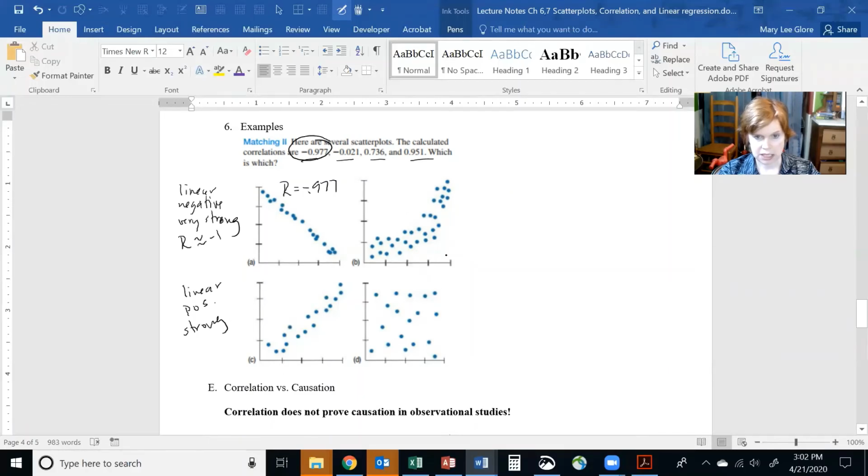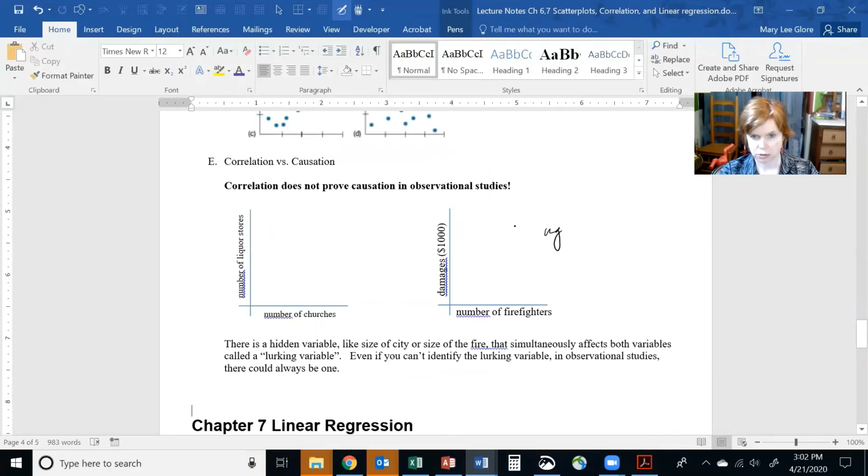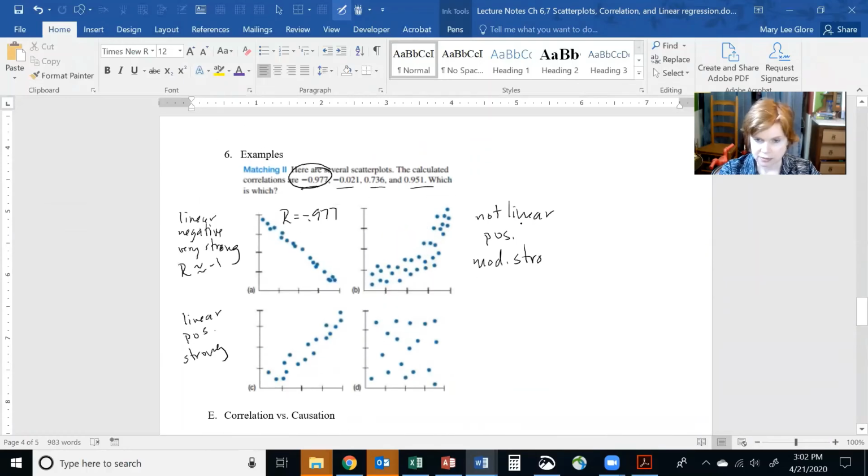All right, this one is not linear. I shouldn't be calculating R. It's positive, and I would say that's moderately strong. And this one, no association. So for this one, I would think R should be near 0.